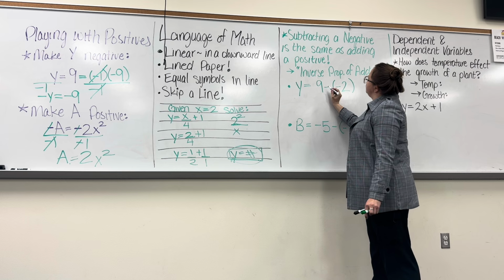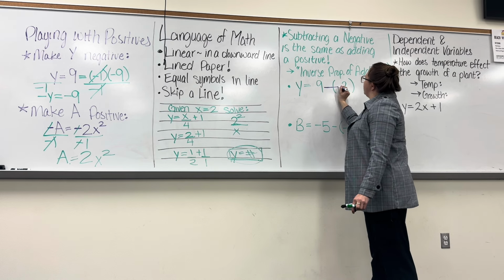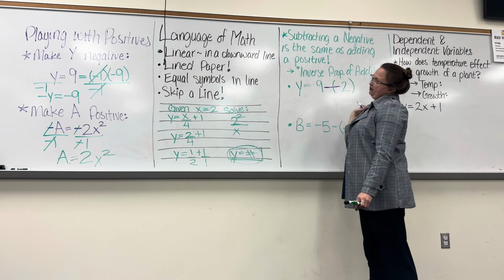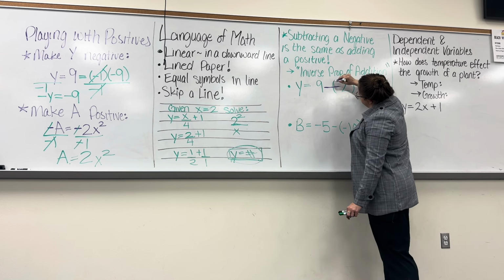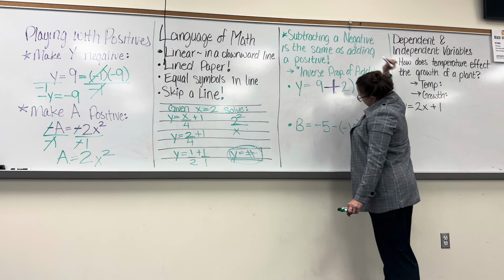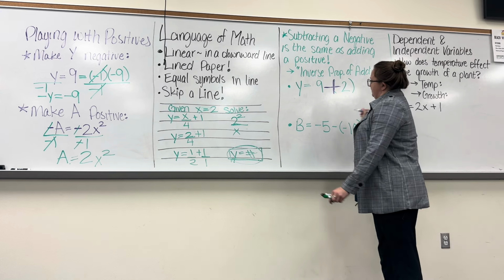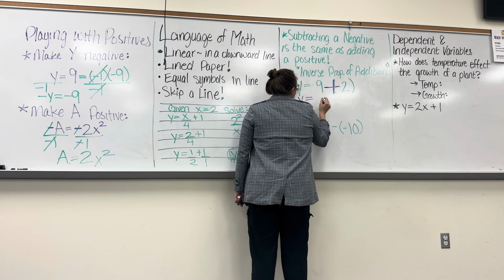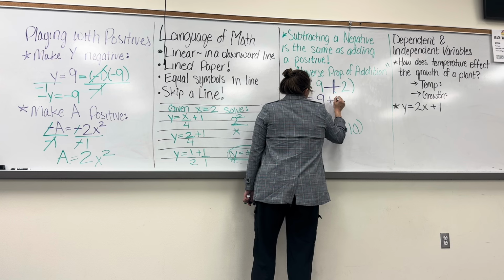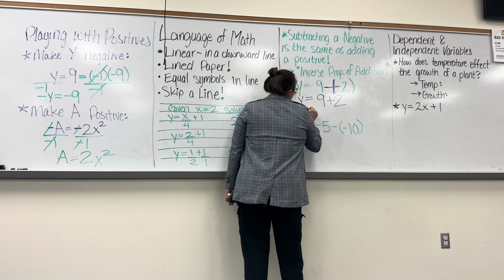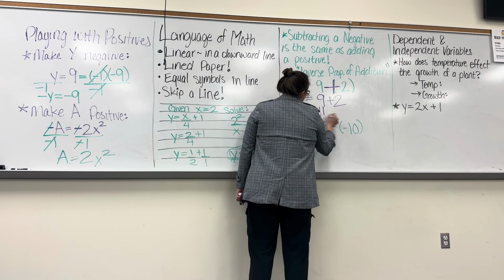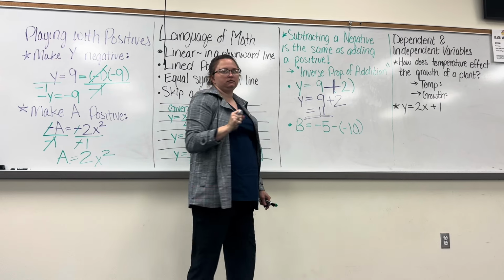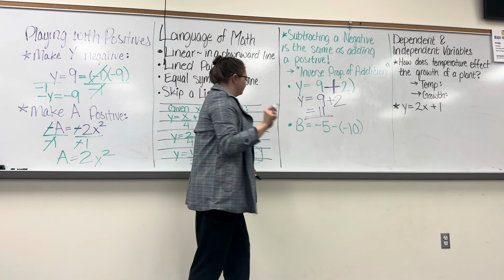You're going to connect your two negative signs, or your subtraction and your negative sign, and you're going to color this in. And all of a sudden y equals 9 plus 2, which equals 11. Okay? That's all it is.